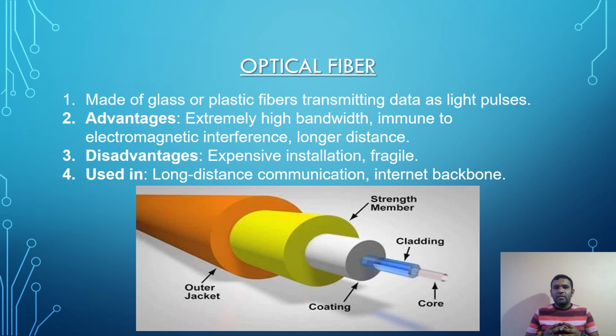But the optical fiber uses light pulses, so they are purely immune to electromagnetic interference. Suppose you leave a light passing through a magnetic field or an electromagnetic field, it does not affect the path of light. The light just keeps on going.